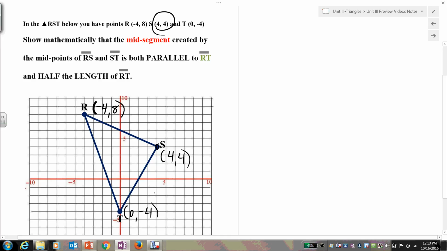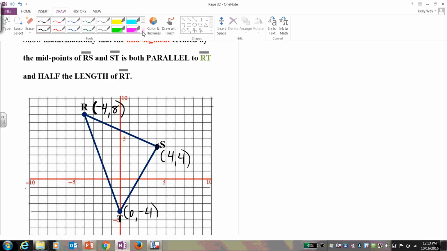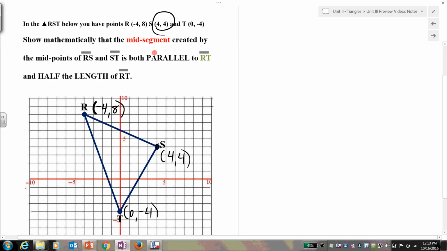We're going to show mathematically that the mid-segment created by the midpoint of RS and the midpoint of ST, those two midpoints connected, is both parallel to RT and half the length.